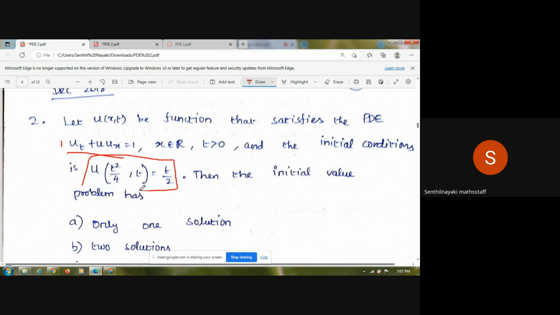Okay, then can anyone guess what is the value of x? Yes, correct. The value of x is t square by 4. And what is the value of y? Not y, I mean y naught. If you understand properly, then you can easily guess the value of x naught in this equation.